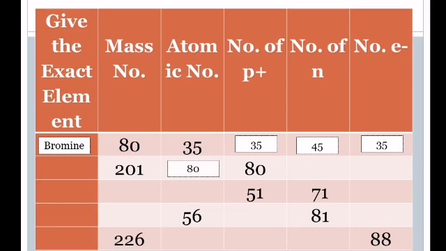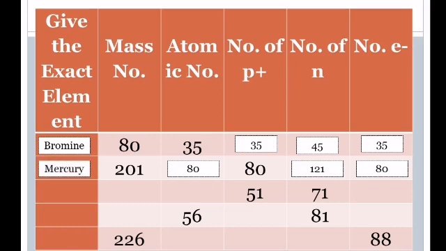Okay, next, let's proceed. For the second element, you have atomic number 80. For the number of electrons, you have 80. For the number of neutrons, you have 121. Locate the element being referred to by the following details.